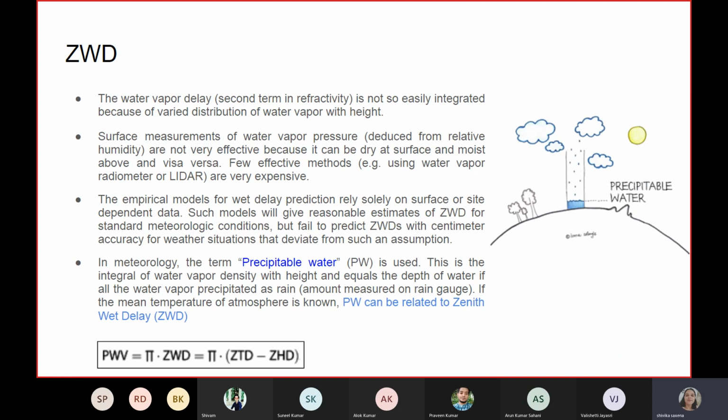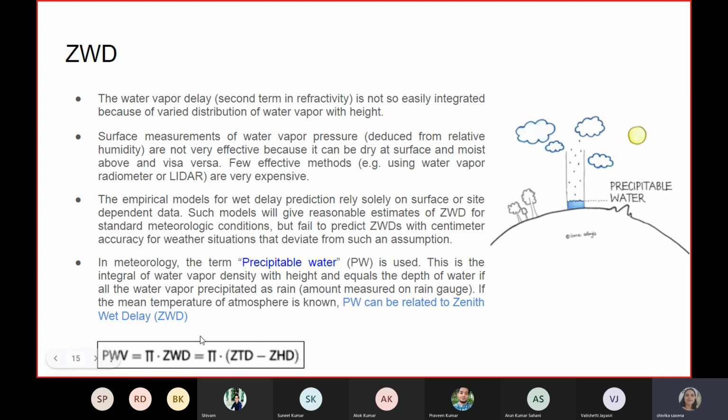So as we spoke about before, the wet delay is difficult to model, hence it is obtained by subtracting the hydrostatic delay from the total delay, as you can see in the equation at the bottom of the page. So ZWD is equal to ZTD, TD meaning total delay, minus ZHD, HD meaning hydrostatic delay.